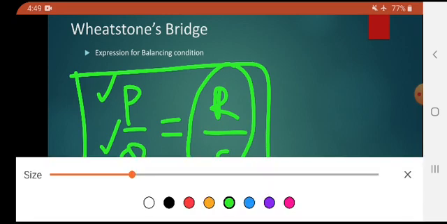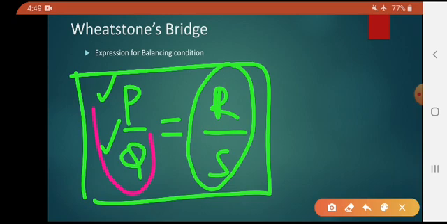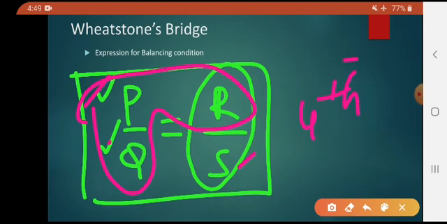If you know any three values, then you can find out the fourth value. You can calculate the fourth unknown resistance, or you can compare the two resistances if you know the other two.